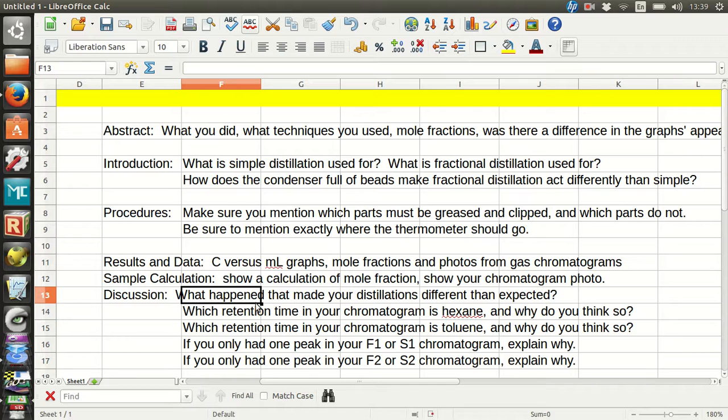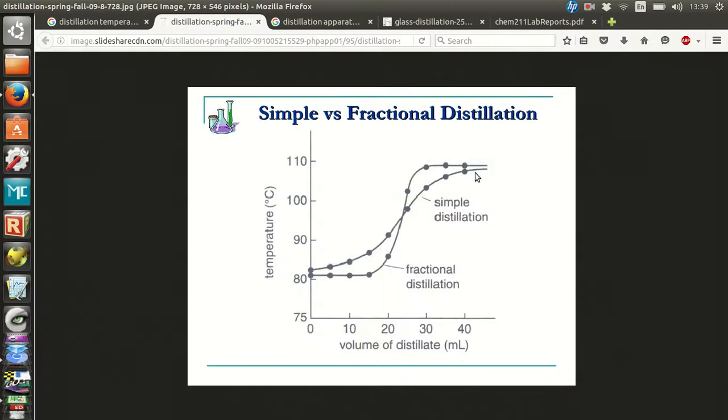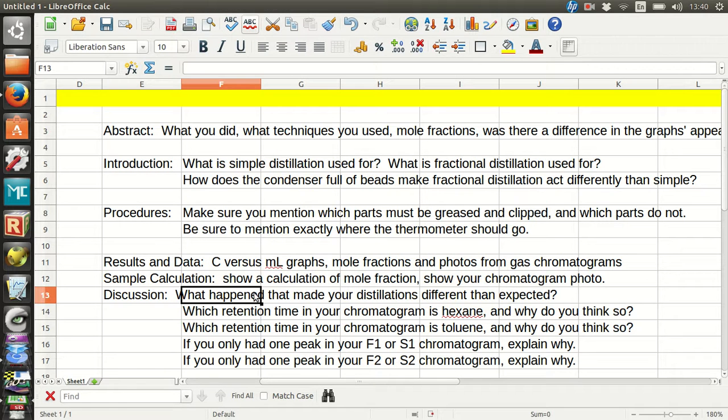You have to specify which part of your apparatus would be most likely to be responsible for the error. If the fractional distillation was more amorphous in shape than the simple distillation, then what part of your apparatus was different in the fractional versus simple distillation, and how could that difference fail you? I mean, how could your apparatus fail you in such a way? So please be as specific as you can there.